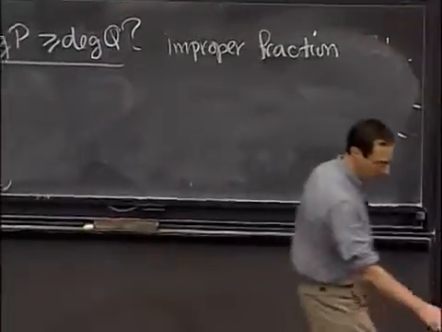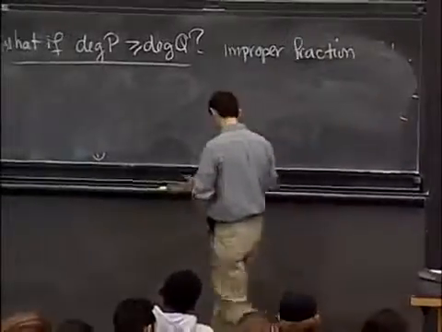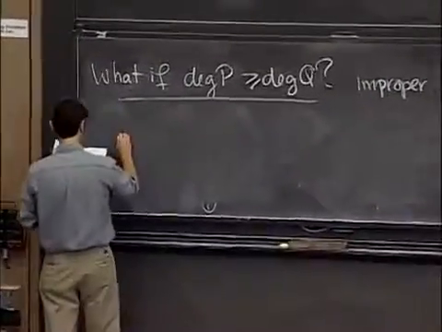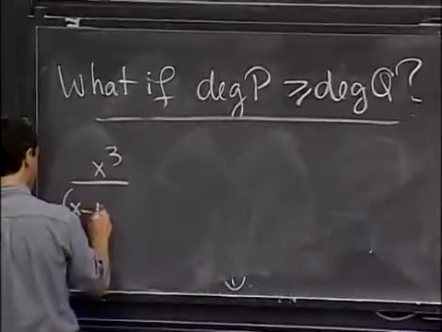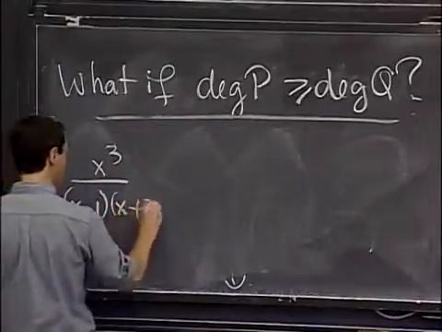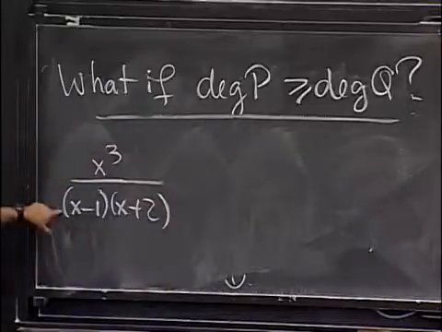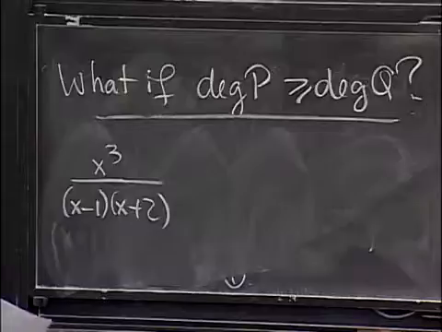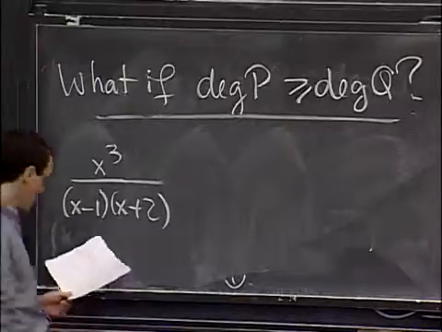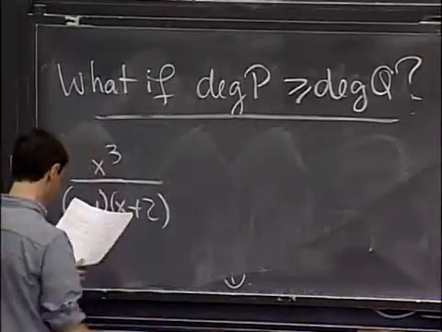I cooked up an example so that I don't make an arithmetic mistake along the way. So there are 2 or 3 steps that I need to explain. So here's an example. The denominator is degree 2. The numerator is degree 3. It well exceeds. So there's a problem here. Our method is not going to work.